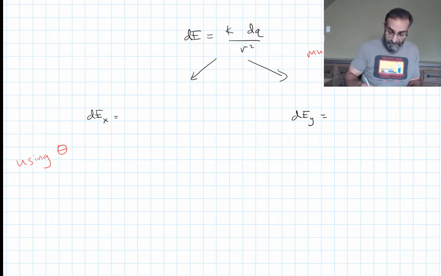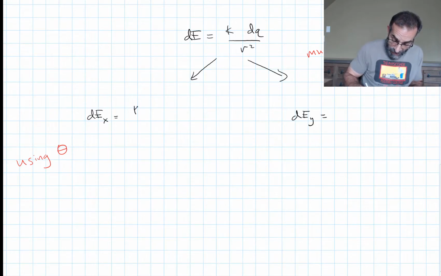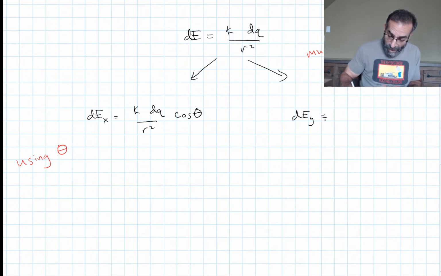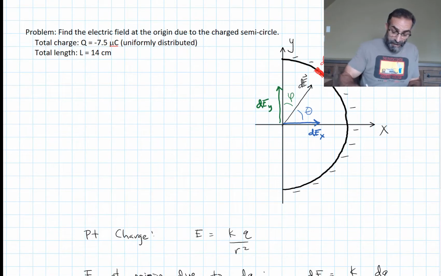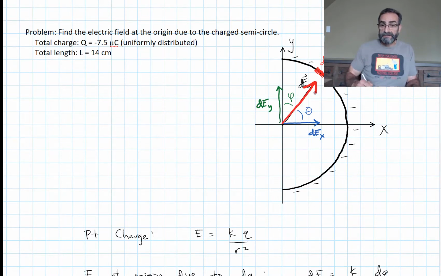If we use theta, the x component of dE will be k dq over r squared times the cosine of theta, and the y component will be k dq over r squared times the sine of theta. Remember, here's our electric field vector.